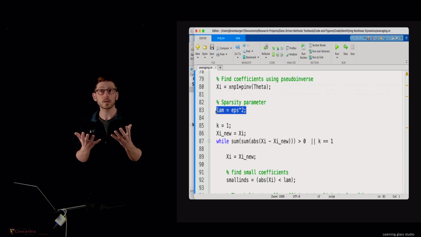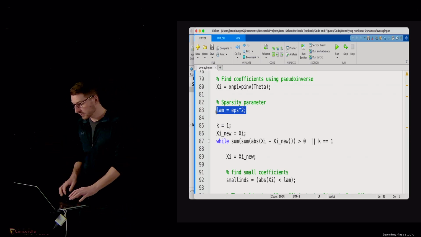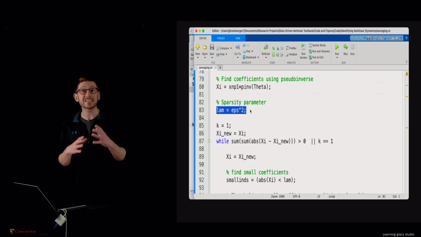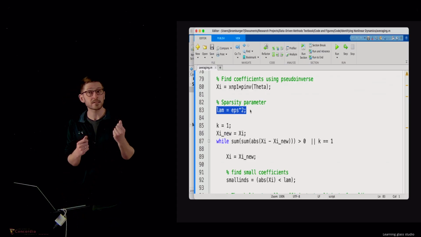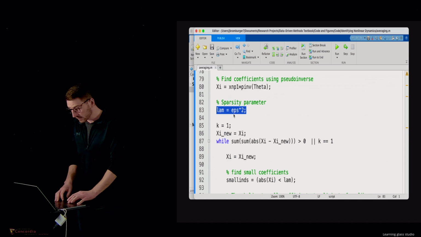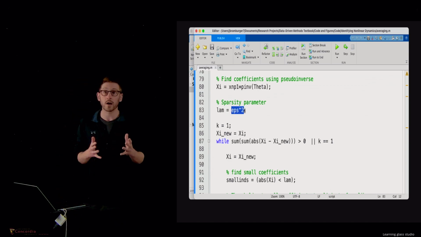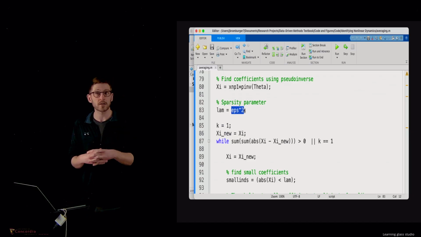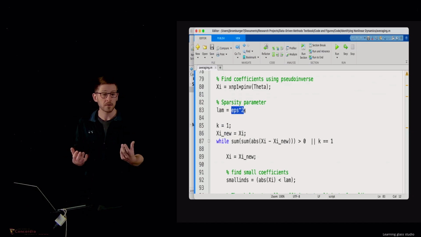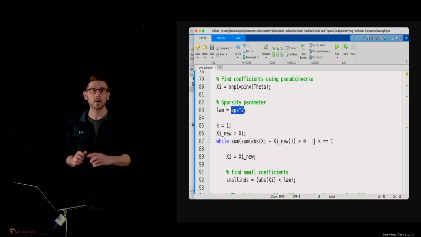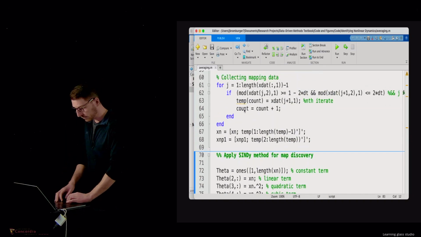That truncation is a way of stamping out terms, and that stamping out terms is the sparsity that's imposed by the SINDy method. So here I'm taking the sparsity parameter to be the square of the timescale separation parameter, epsilon, okay? So no thinking required, no choice of sparsity parameter. I can just use the square of this timescale separation.